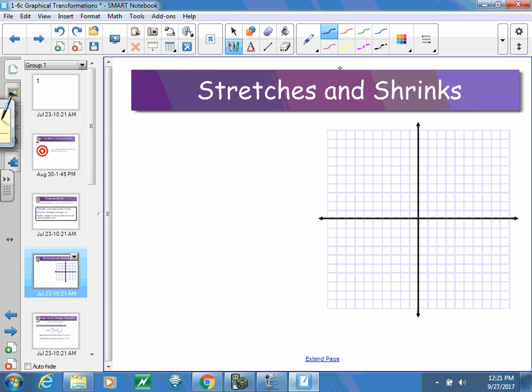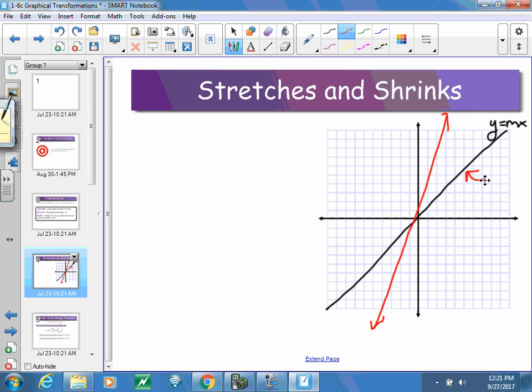All right, so start out with a function that we all know, with our linear function of y equals mx. If I was to, let's say, do a vertical stretch, I would end up with a graph that looks like this red one right here.